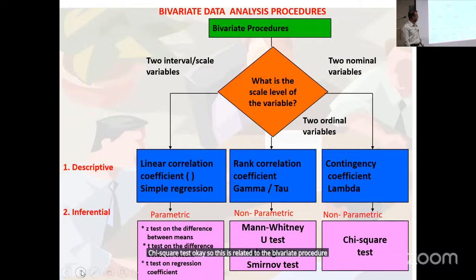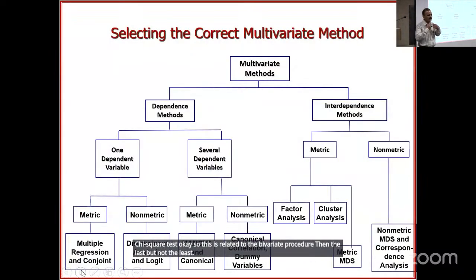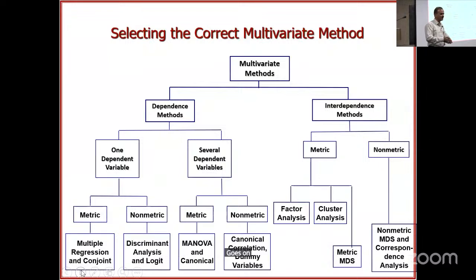Then the last but not the least, and this is more complicated, because even in our theories we know that as the number of variables goes on increasing, our analysis also becomes complex. Even theoretically we have noted that.